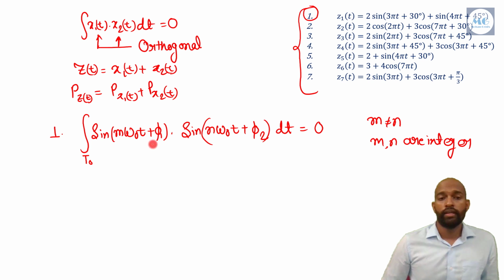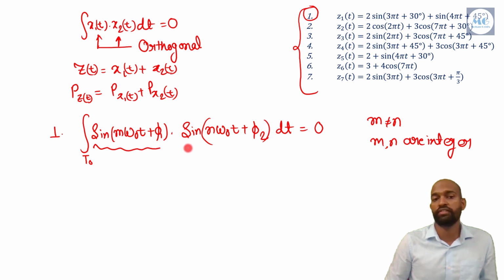How? As we know, if the integration of x1(t) into x2(t) dt is equal to 0, then x1(t) and x2(t) are called orthogonal signals. Similarly here, if this is the situation, then this sine function and this sine function are orthogonal. And what is our first question?